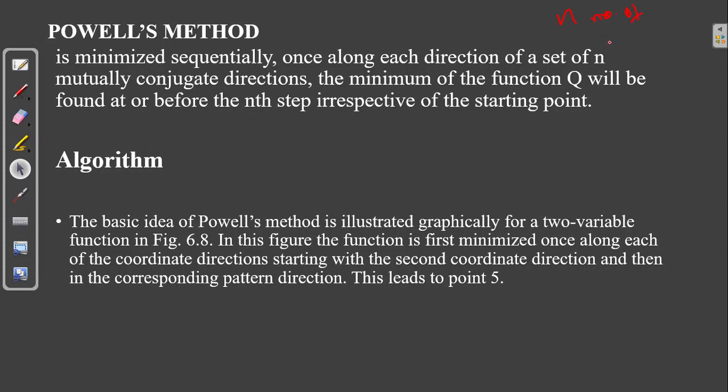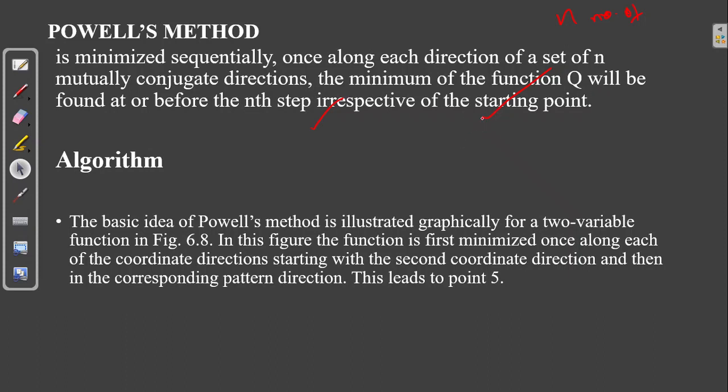So if you go in all those n conjugate directions, the function q will be minimized at or before the nth step, irrespective of the starting point. That means whatever the starting point may be, you will have the minimum value of the function q, that is the quadratic function, at or before the nth step if you go in the conjugate directions.